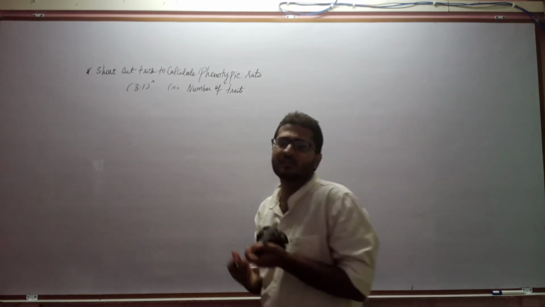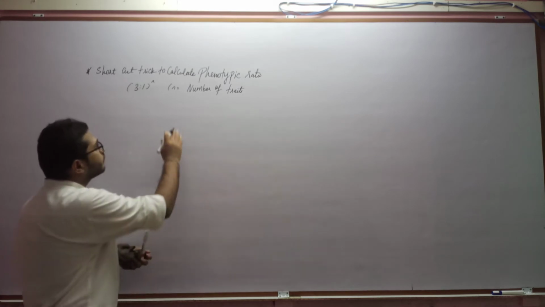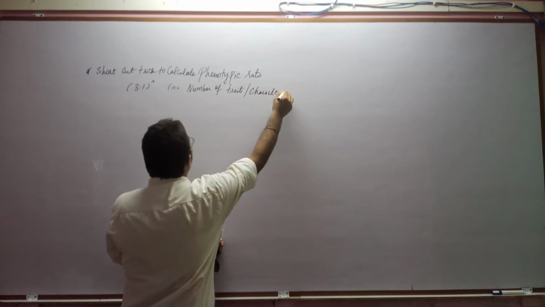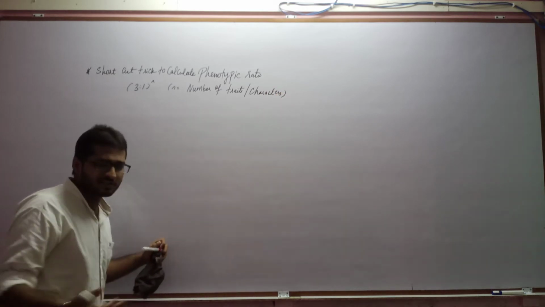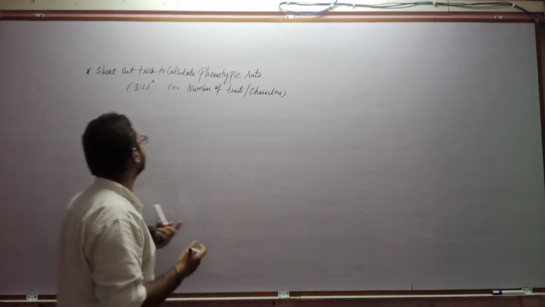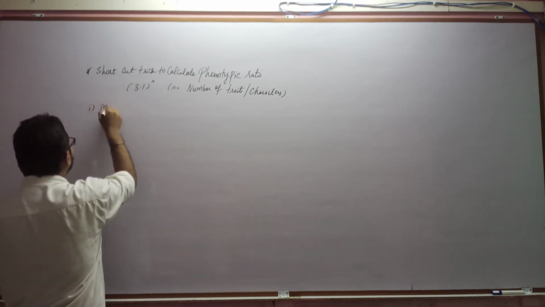All these are characters or traits which Mendel used in his experiment. So n is the number of traits or characters. Let us discuss this formula using examples of monohybrid and dihybrid cross experiments.